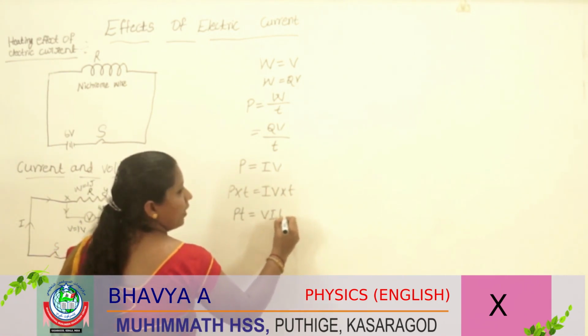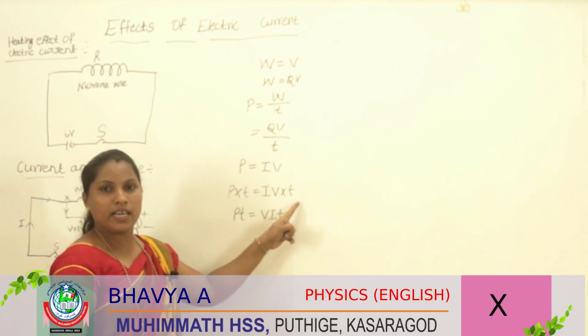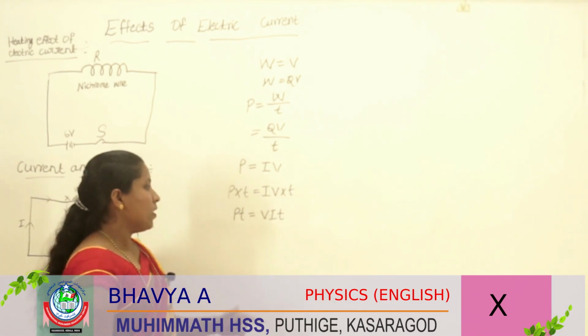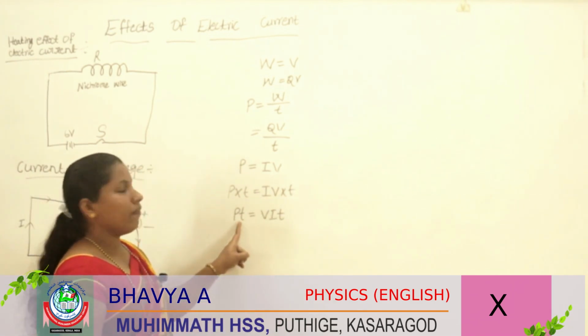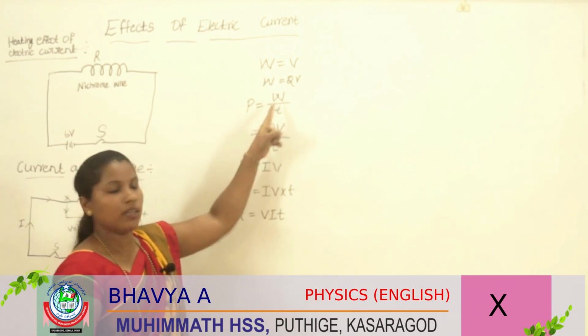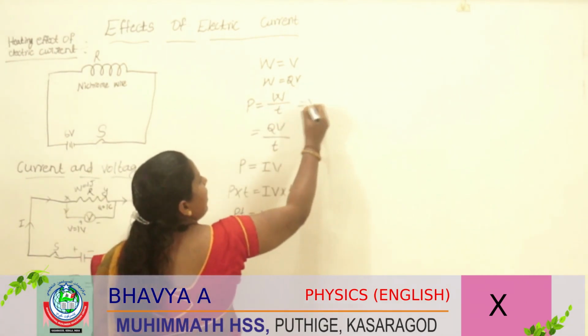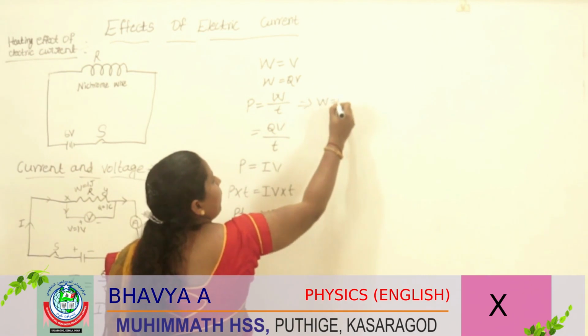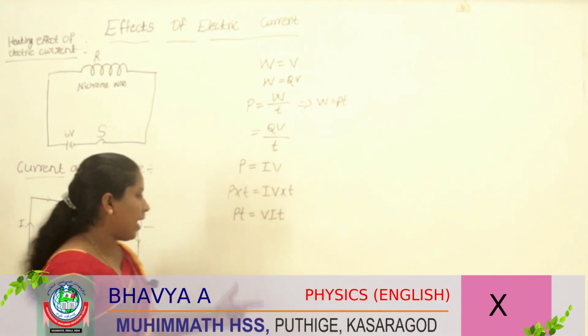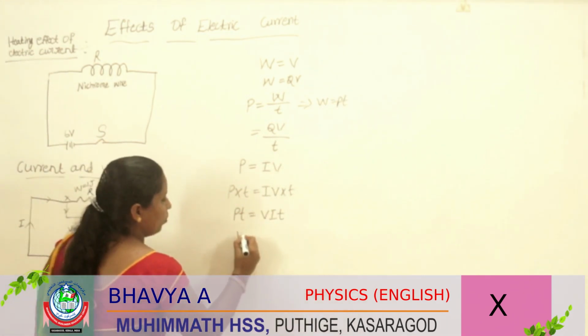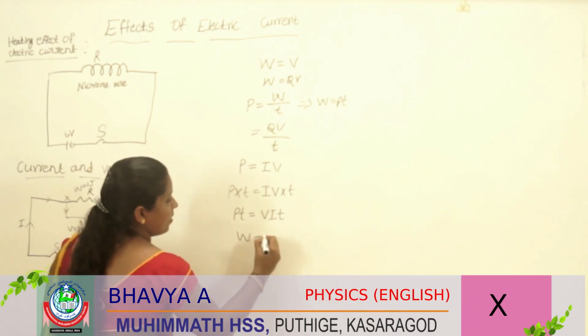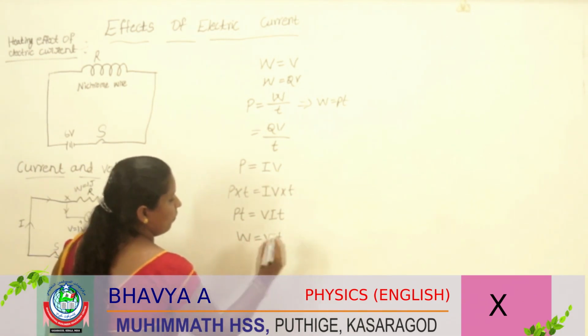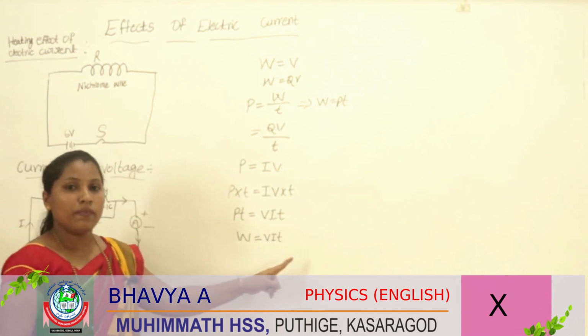IVT is there, we can write VIT. So PT means we can write W here. So we can also write W is equal to PT. So we can write here PT is equal to W is equal to VIT. Work done, W is equal to VIT.